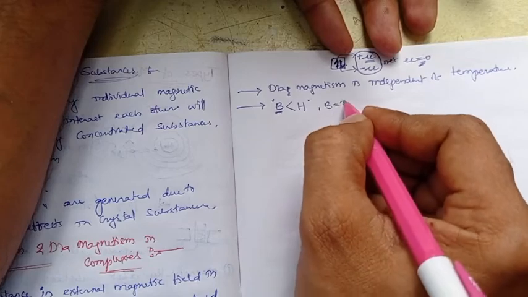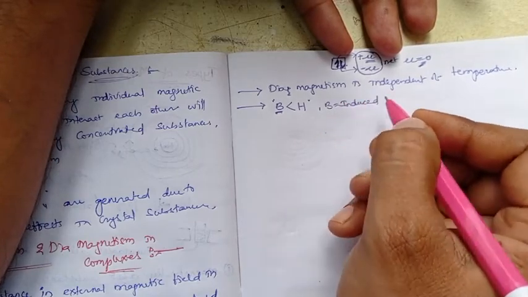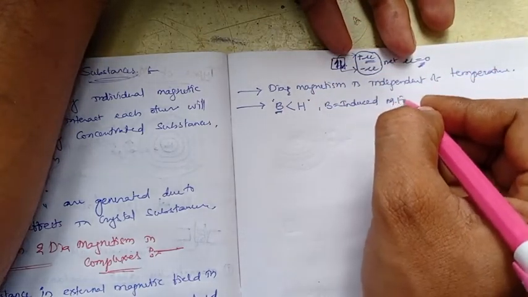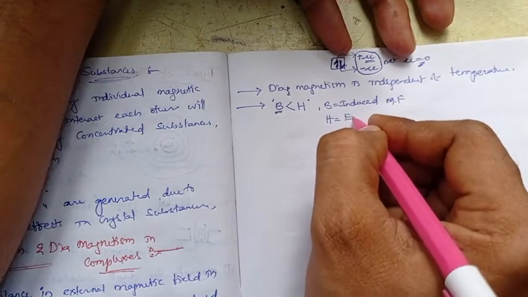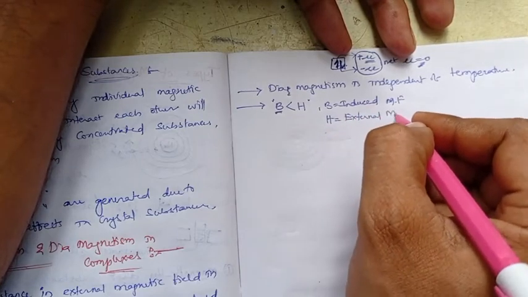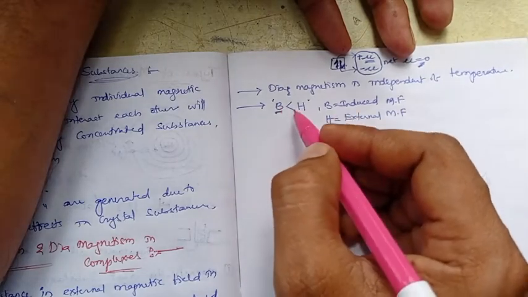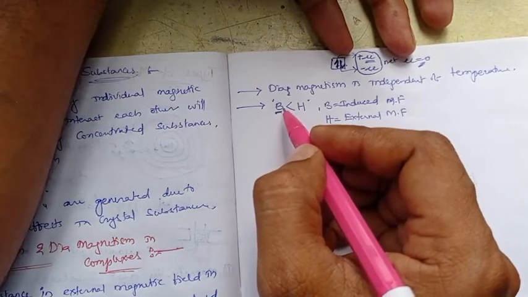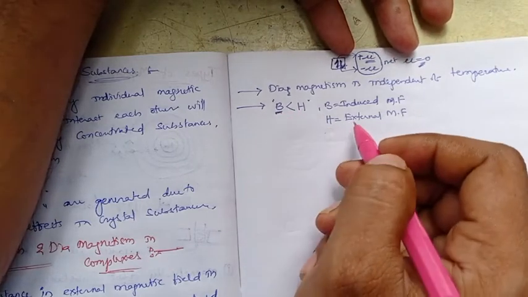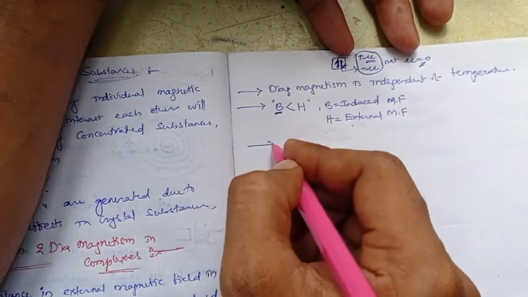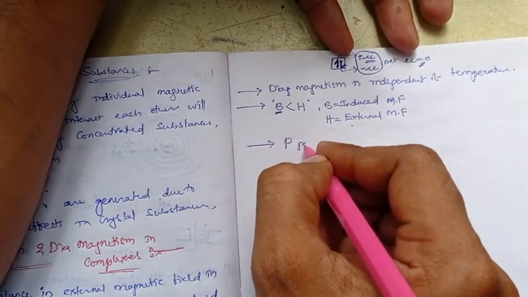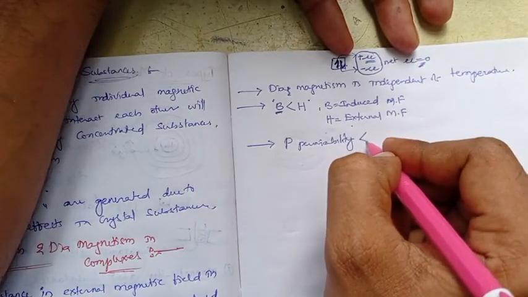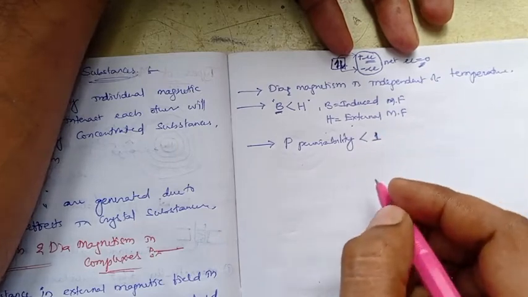Here, B is nothing but the magnetic field generated on the substance, and H is the external magnetic field, right? In diamagnetic substances, this induced magnetic field will almost every time be lesser than the external magnetic field, and the permeability of diamagnetic substances is always lesser than one, right?